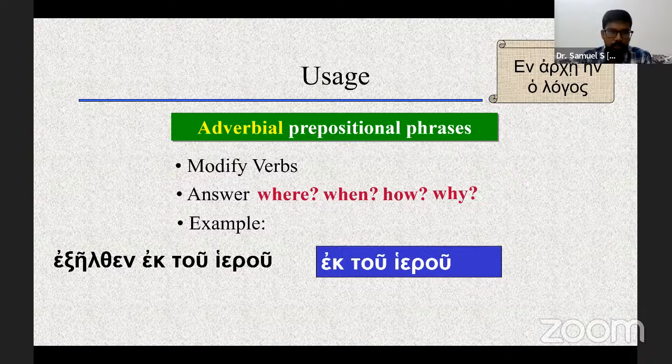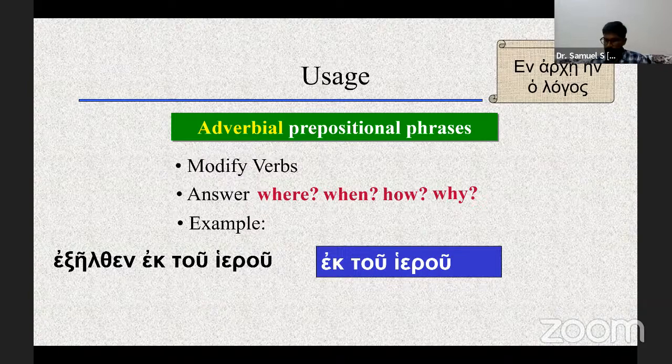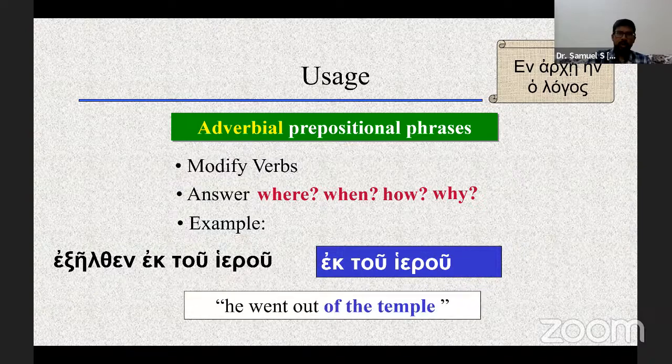So an example here. Exelthen ek tou hierou. Ek tou hierou is the prepositional phrase. And what is this communicating? He went out of the temple.